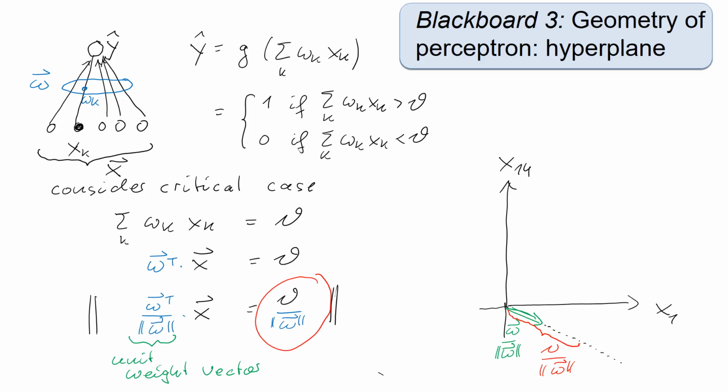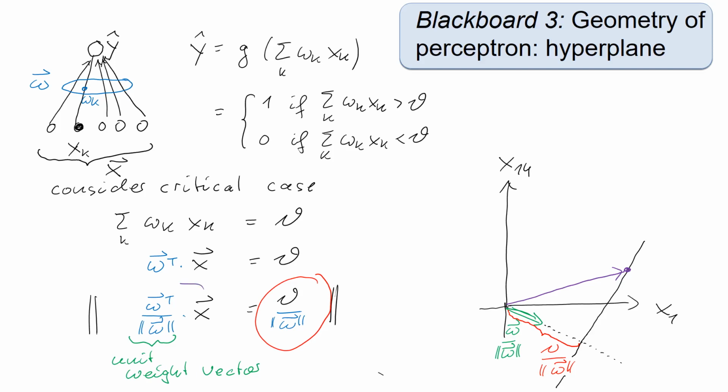And now let's consider what happens if I construct a plane perpendicular to this dashed line, to this dotted line. Let's pick now an arbitrary vector x that lies on this line.